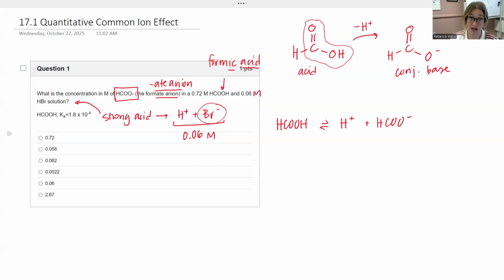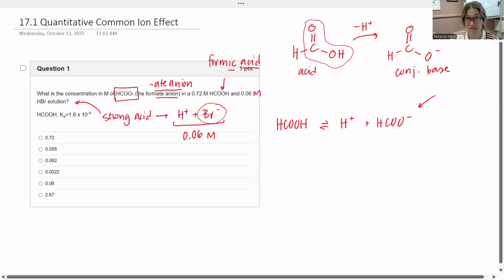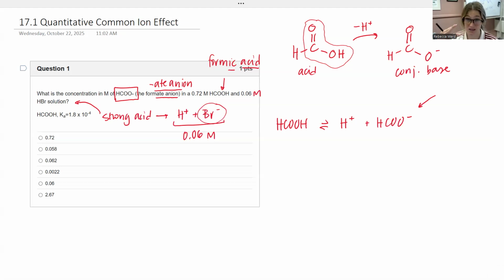They don't react. The other thing is Br minus doesn't have a seat in this equilibrium. We can add Br minus all day long and it's not going to change the balance of these three things that we're interested in. But that H plus obviously does, because there it is.